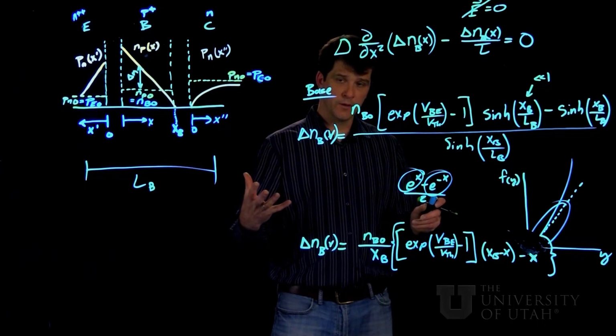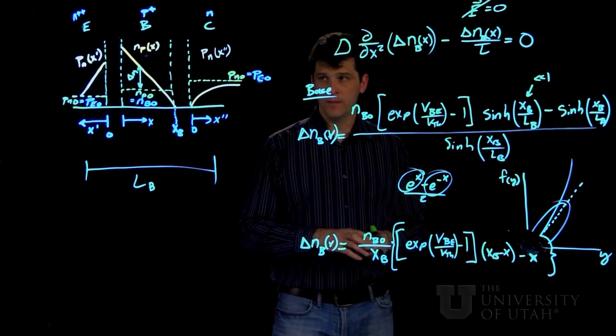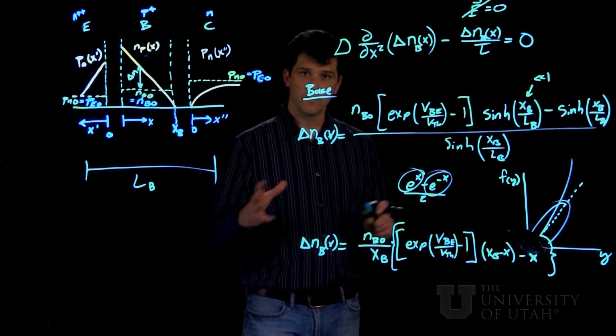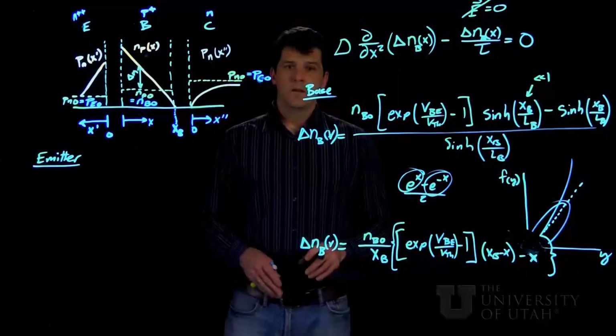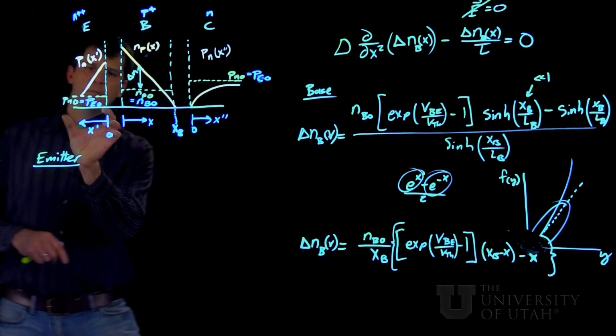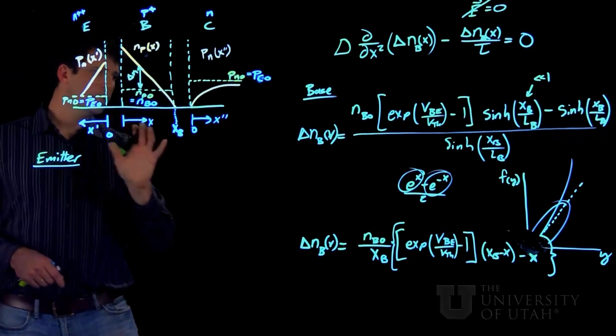So now let's look at the emitter and the collector, and I'll just point out the key assumptions along the way. Okay, so let's take the emitter first. And in the emitter, we're going to leave it ambiguous. We're going to write the general form.